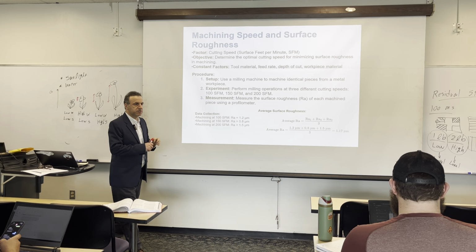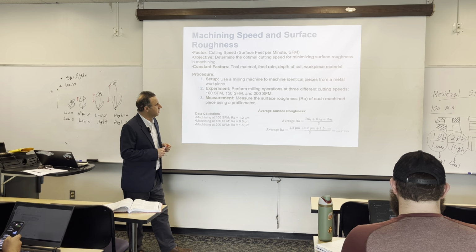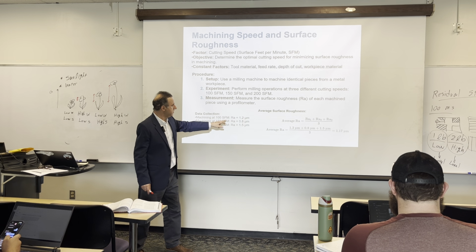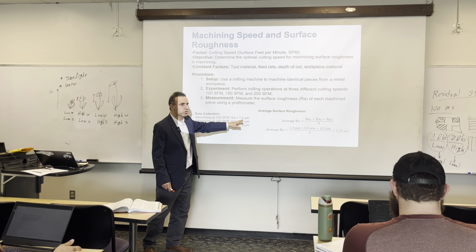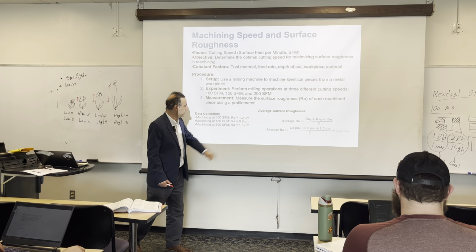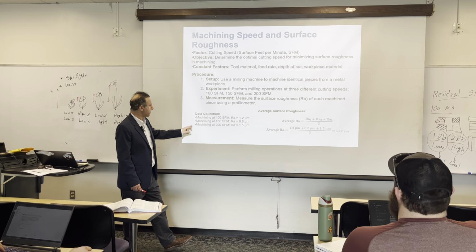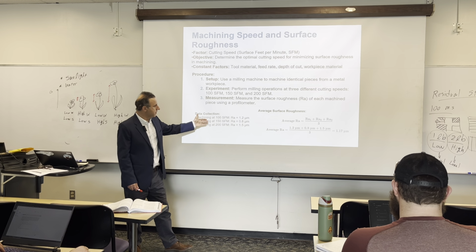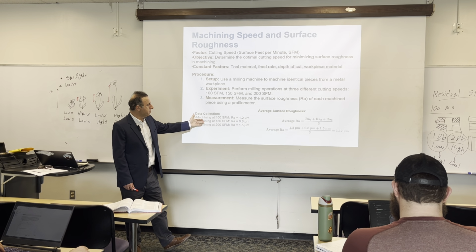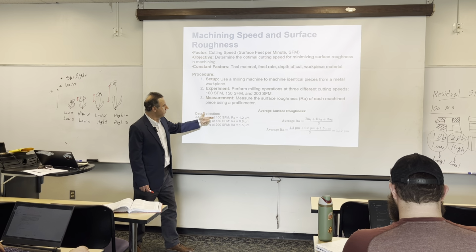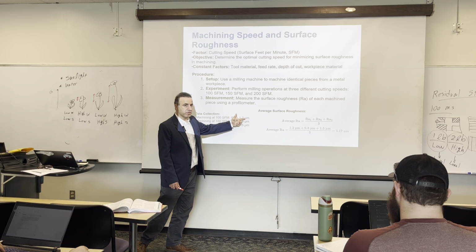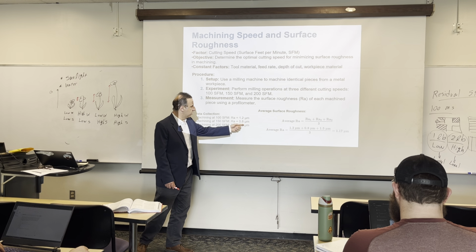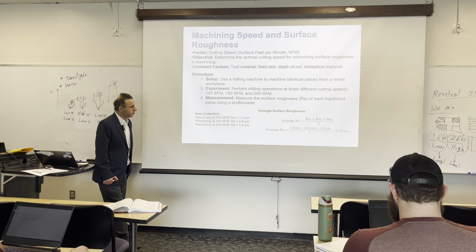So once the experiment is over, you measure the surface roughness. The first one, you got 1.2 micrometer. So that is the roughness for the first one. Second one is this. Last one. So as you see, the lowest speed gave you a large amount of roughness, as well as the highest SFM gave you very large surface roughness.